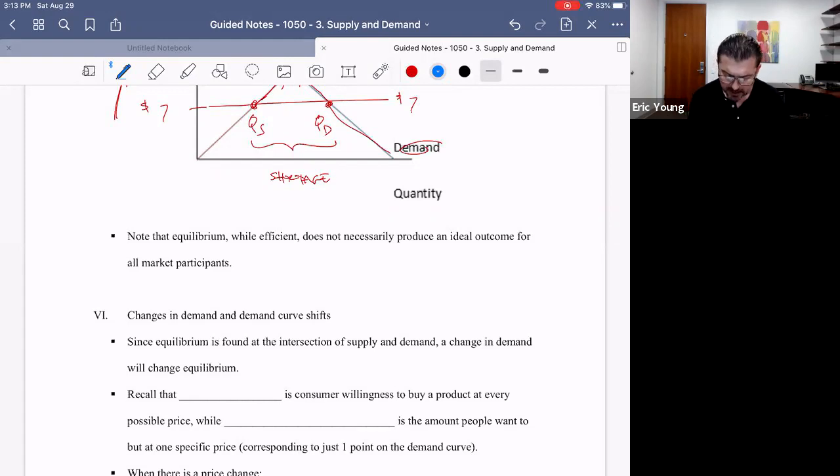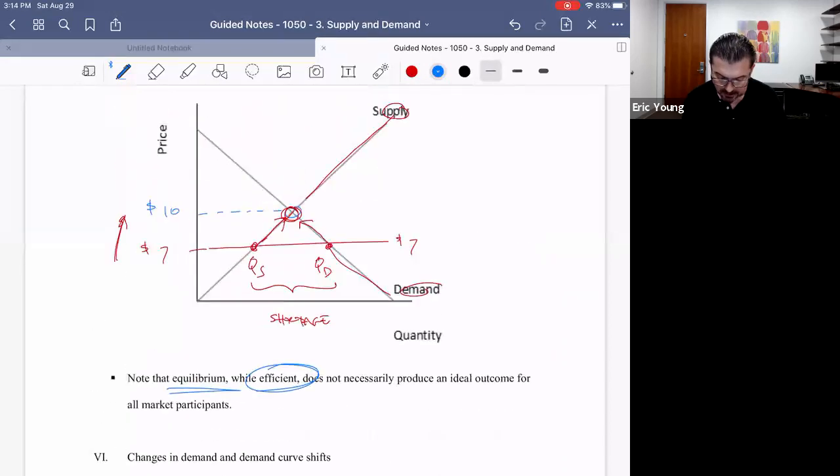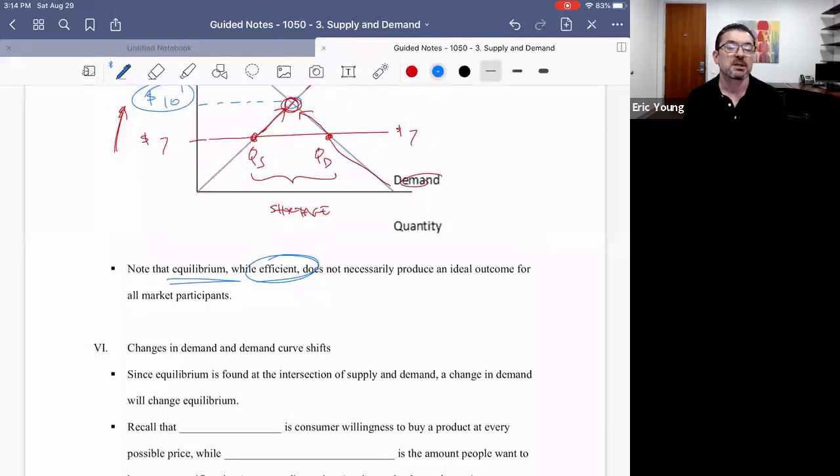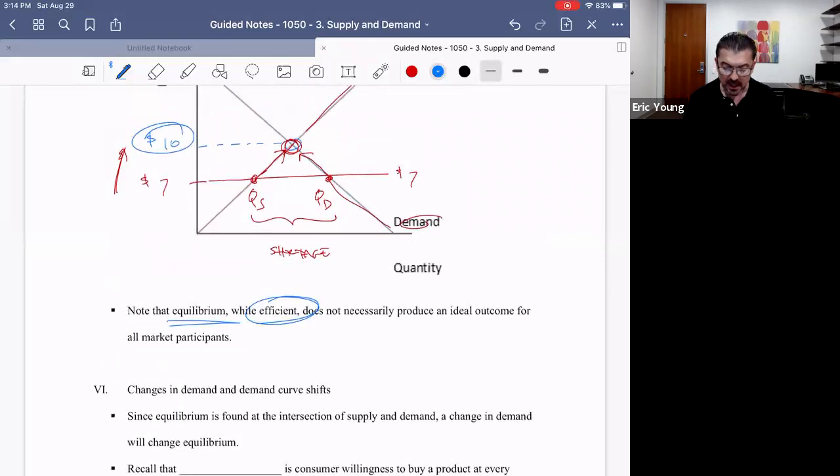Okay. The final thing I do want to point out is that equilibrium, while efficient, does not mean that everybody is necessarily happy. In this case, the equilibrium price was $10. Obviously, sellers would have loved to have charged more. Buyers would have loved to have paid less. And imagine that this was an essential item like rent or food.